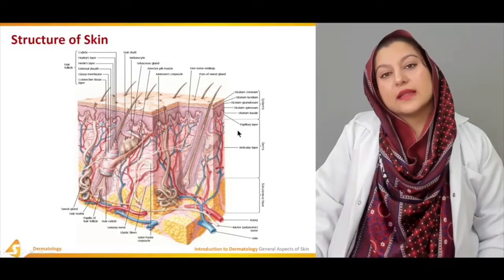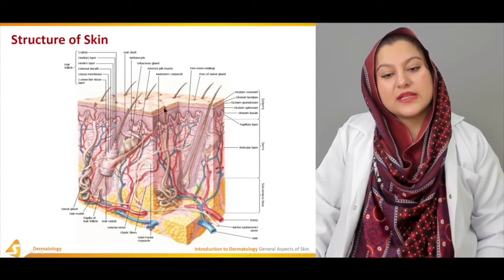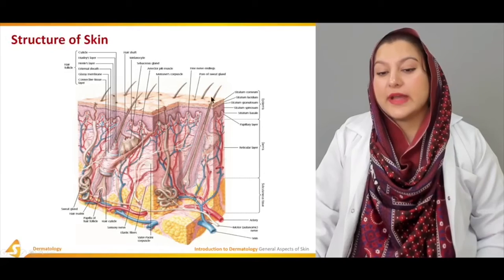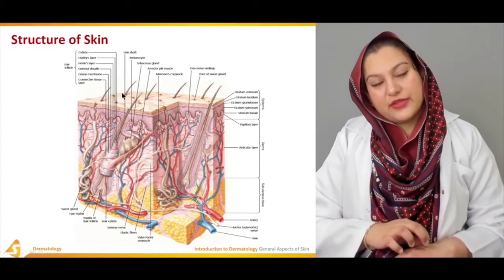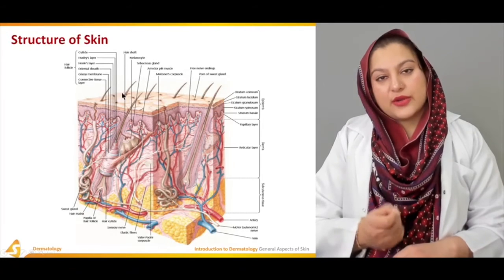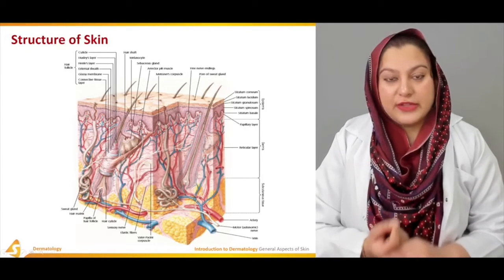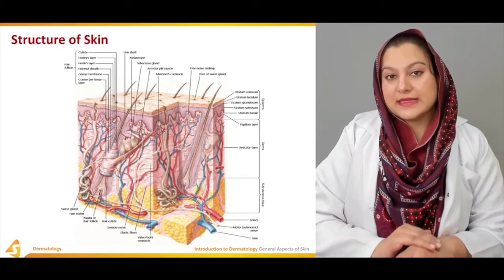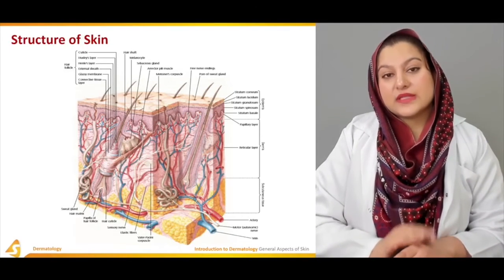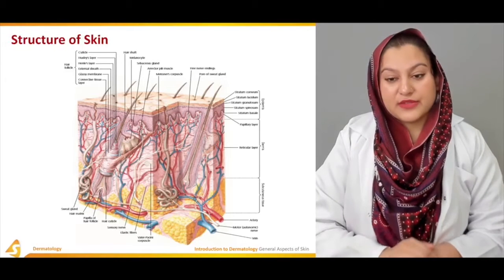Now you see that the epidermis is the only structure with no nerve endings. So basically, when you pinch or prick the topmost layer of your skin, you do not feel any pain because this layer has no sensations, no nerve receptors of pain.